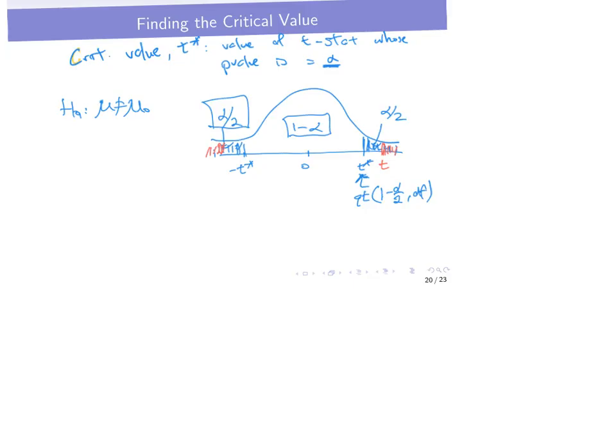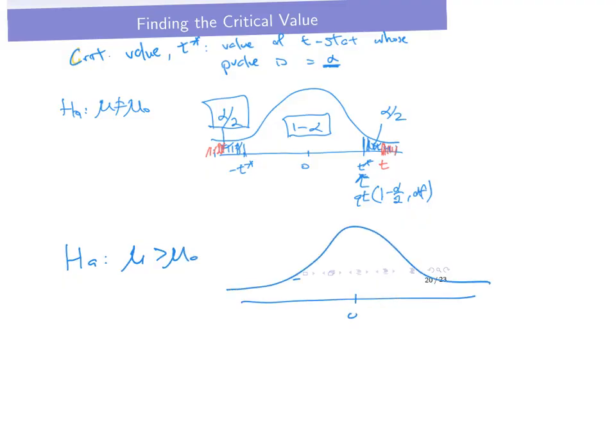So this is a two-sided test. If you have a one-sided test, let's say greater than, bell-shaped curve centered at 0, t star, area to the right here is now alpha, and area to the left is 1 minus alpha. So this t star will be found using qt of 1 minus alpha, degrees of freedom. So it's a little bit different from the two-sided test.